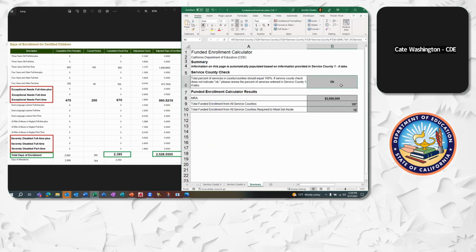There. And now we see OK, which tells us that the tabs that were used to populate service county information equal 100%. If they do not, you will see an error displayed there. We can again see the MRA and then the total funded enrollment from all service counties, which is 157 in our example. And of that number, the funded enrollment required to meet the set-aside, which is 12.